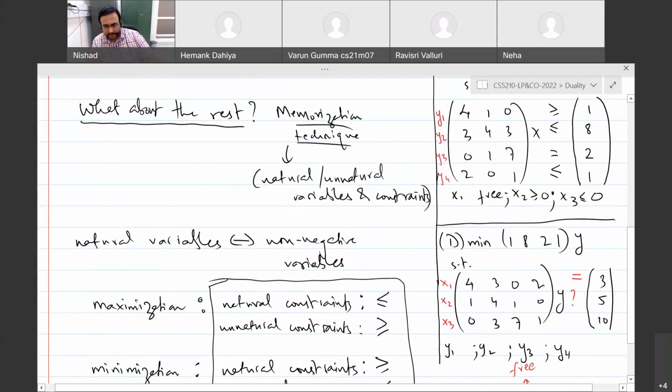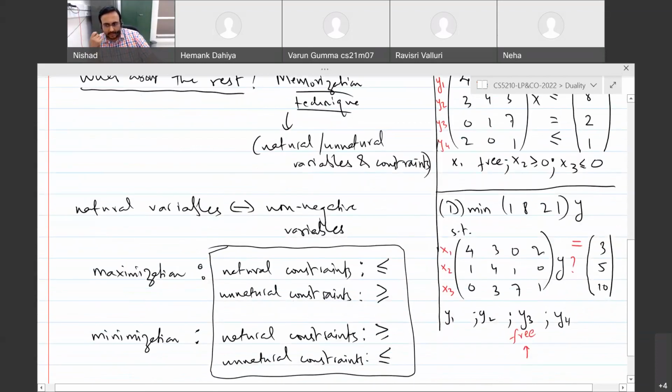The dual is a minimization problem. So what are the natural constraints in the minimization problem?